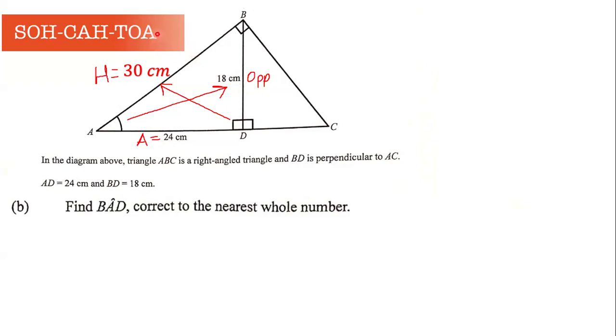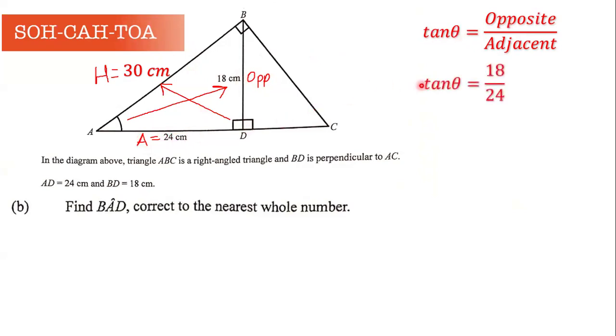And so we have tan theta, which is opposite over adjacent. The opposite is 18 centimeters and the adjacent is 24 centimeters. So tan theta is equal to 18 divided by 24. And so what we have to do here is figure out what is theta.